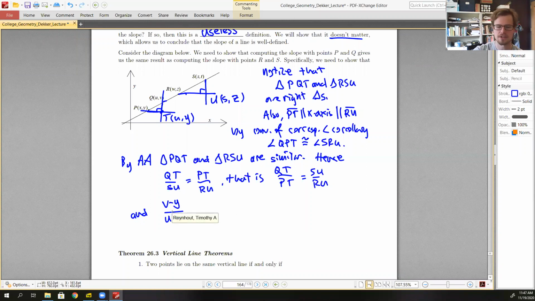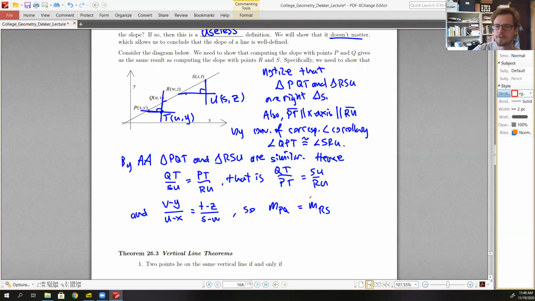We've chosen wisely here so that we don't have to worry about absolute value signs. But that is equal to T minus Z divided by S minus W. But in particular, these are the definitions for slope. So we have that the slope of the line passing through PQ is equal to the slope of the line passing through RS. And that's exactly what I wanted to say because that's the same line, okay?